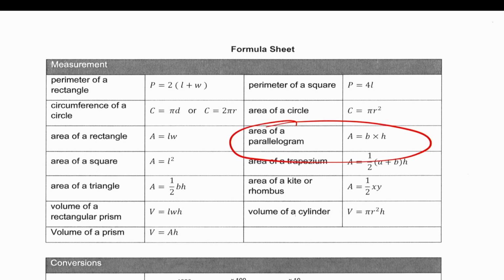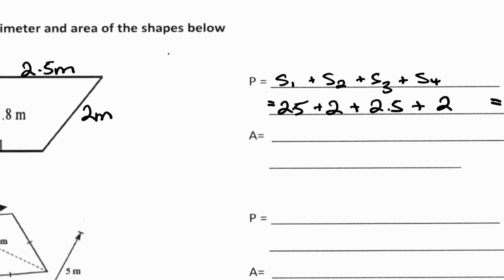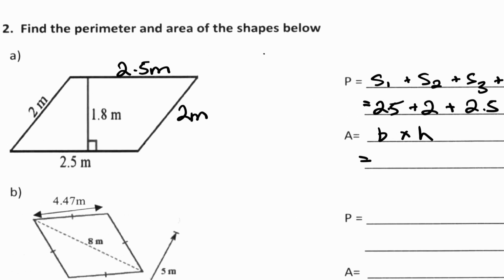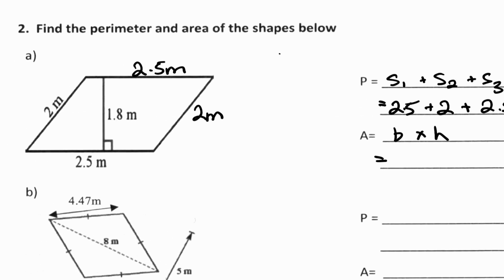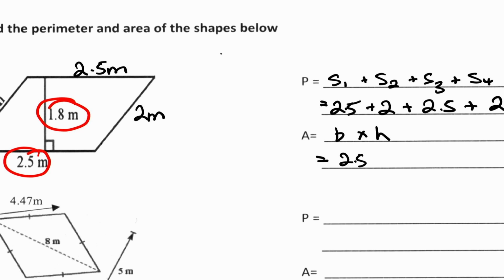And the area for the parallelogram is A equals B times H. So we will write that in. A equals B times H. The base is 2.5 right along the bottom. And the height is 1.8. So that is 2.5 times 1.8.